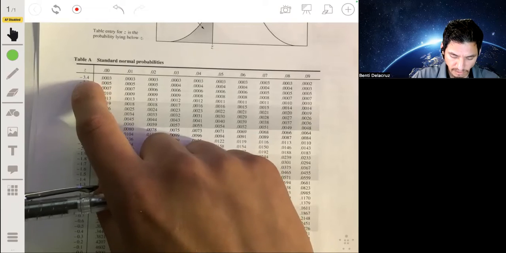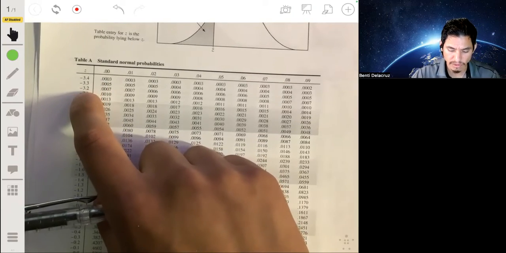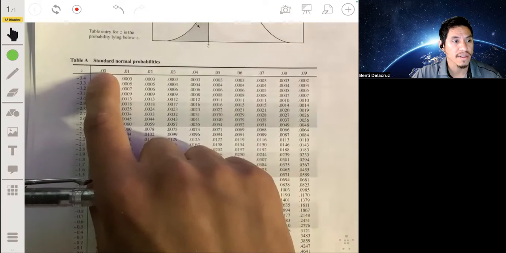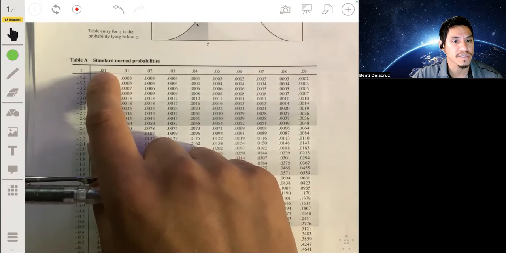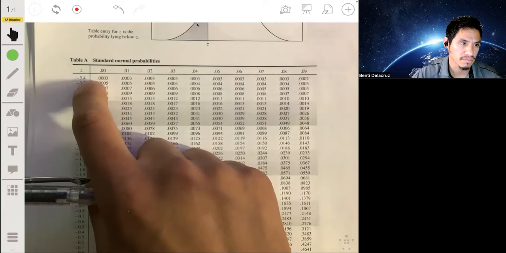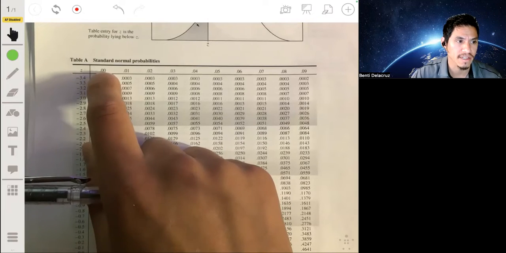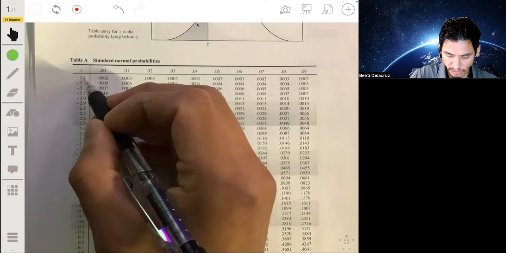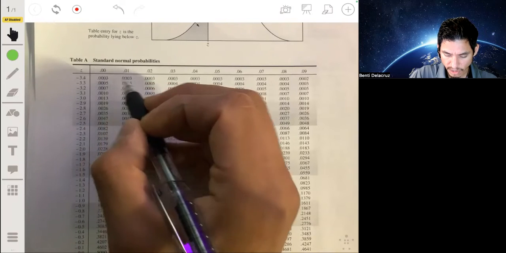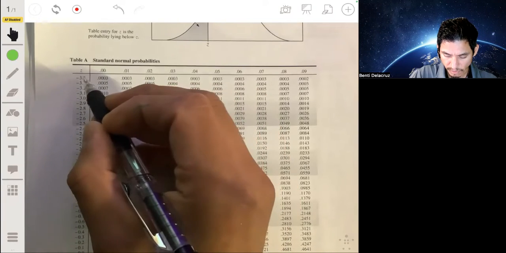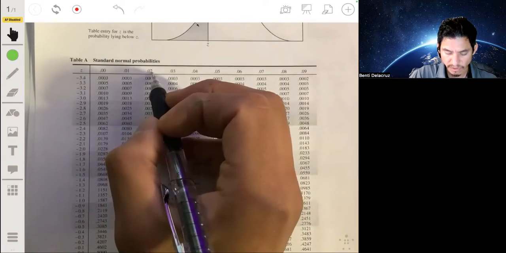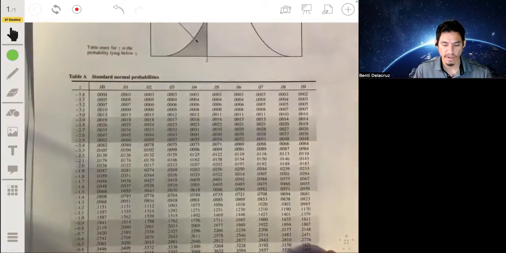So negative 3.4, negative 3.3, negative 3.2. The top row represents the digit in the hundredths place. So this would correspond to negative 3.40, this would be negative 3.41, this would be negative 3.42, and so forth.